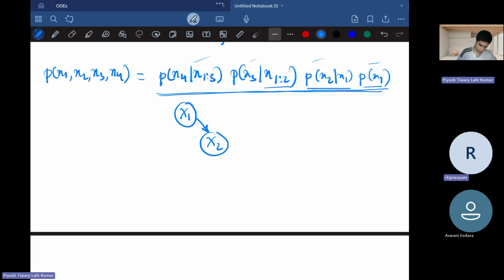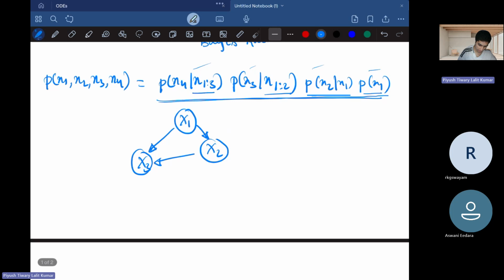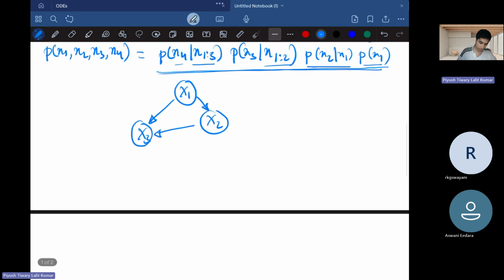So you have x3 as another node, with two incoming edges, one from x1 and one from x2. Once you have x1, x2, x3, you can sample x4, which becomes another node with edges from all the other nodes.